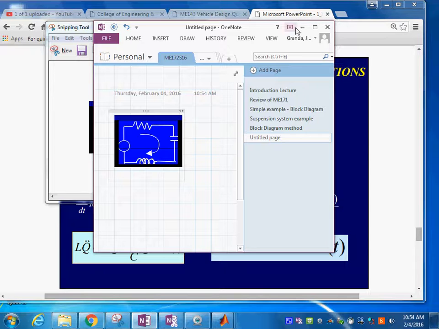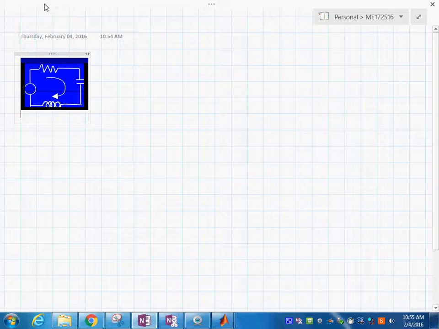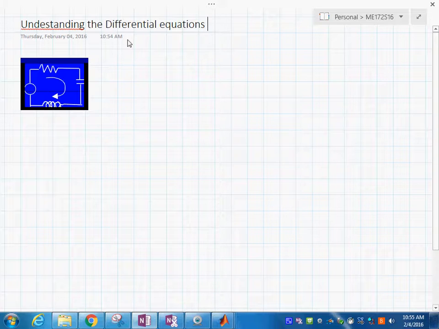So let's put a title here. Let's call it Understanding the Differential Equations on an Electrical System.